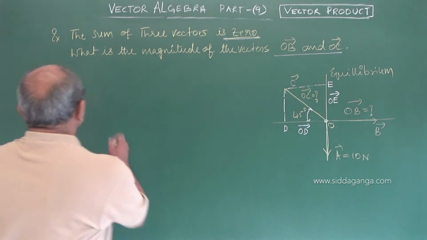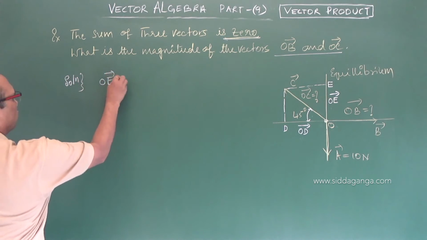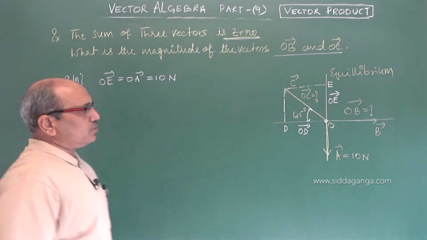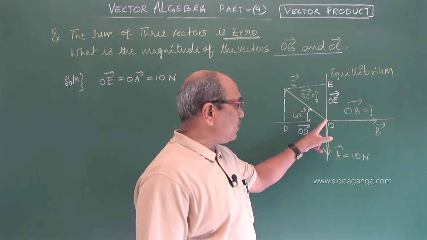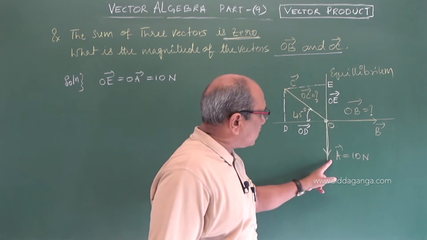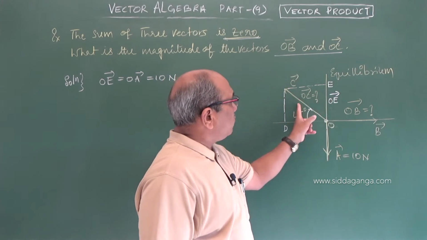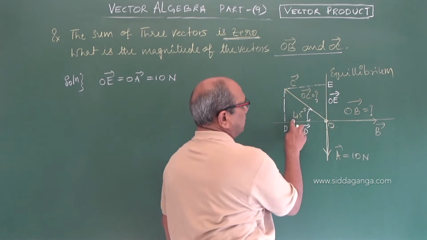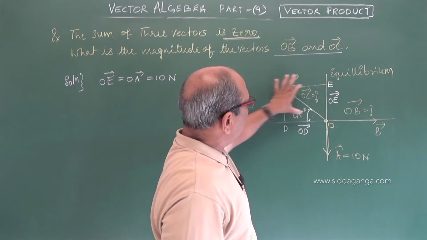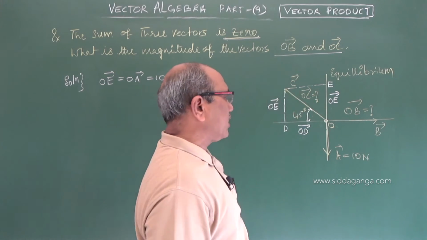To come to a conclusion, OE is equal to vector OA, which is 10 Newton, because it brings equilibrium. The component of C along this direction balances this vector. Therefore, OE equals A. Now, what does OE by OC give in this figure? With the angle 45, opposite side by hypotenuse is sin theta.